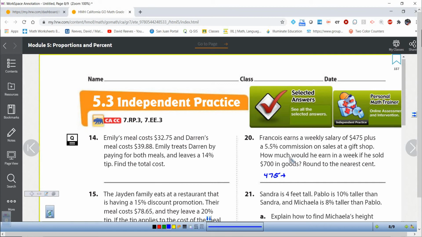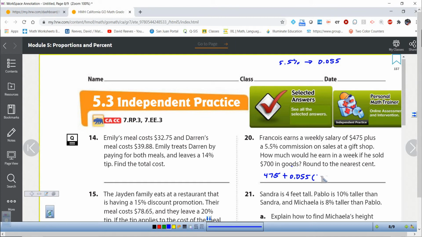So we're going to do $475, the salary, plus the percent. Now again, 5.5%, we're going to change it to a decimal. We're going to move the decimal 2 places to the left, and we're going to get 0.055. So we're doing $475 plus 0.055 times the sales.